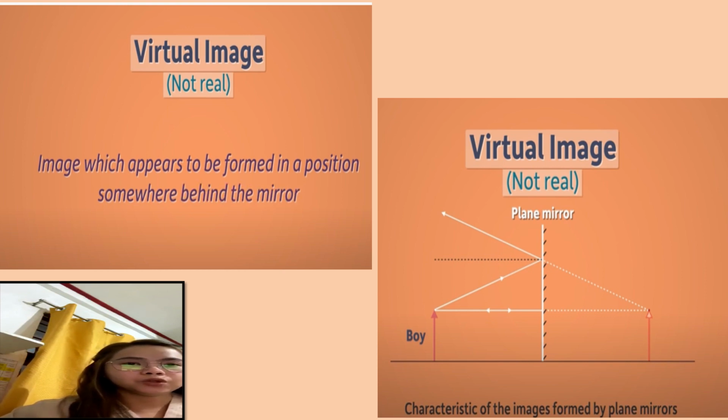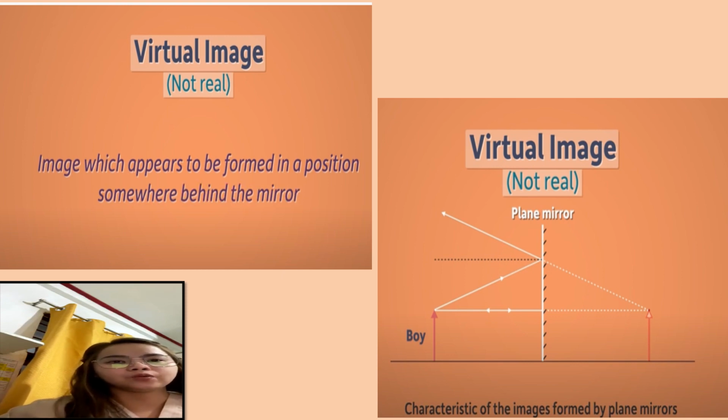In the second picture, we have here a plane mirror. For example, we have a boy. The arrow represents the head of the boy. So if you are facing a plane mirror, the incident ray that reflects from the plane mirror just diverges.